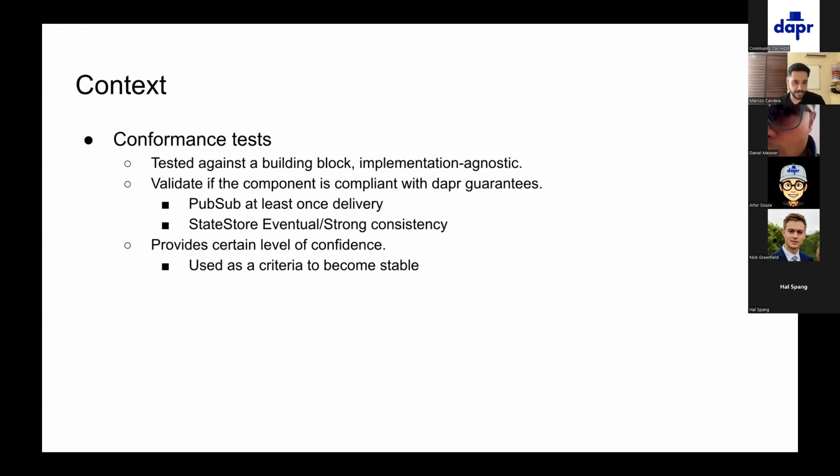For instance, it is used as one of the criteria for a component to become stable. So conformance test is a way to bring more confidence for us as Dapr contributors and for developers who are developing components. So two sides that have gains.